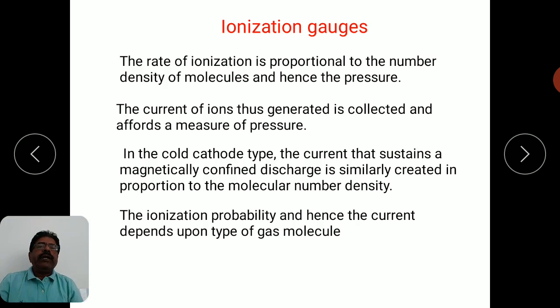And you know that the basic principle is that the energy of the electron should be sufficient, and it should be slightly above the ionization potential of that gas molecule species. So for different gas species the ionization potentials are different, and the level of energy of the electron will decide the ionization probability.